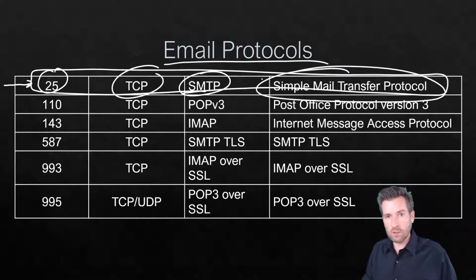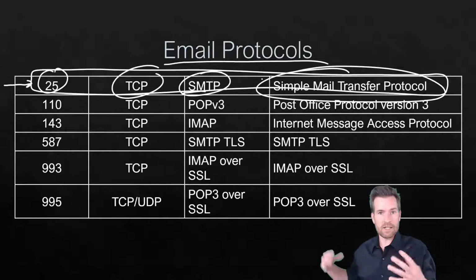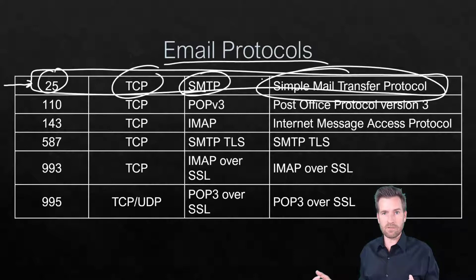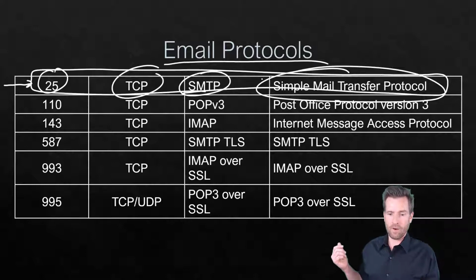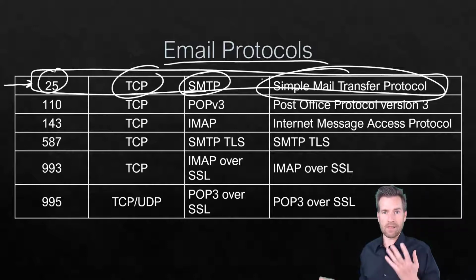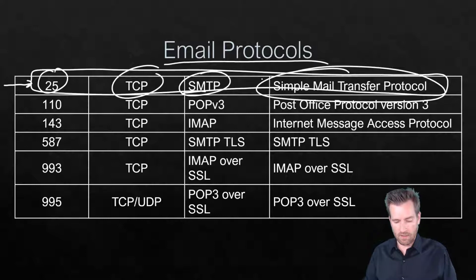Servers are encouraged to make a connection in a more secure manner. But if the choice is don't send this or send it insecurely, a lot of servers are set up to say, I'm still going to get this email to its final destination, even over this insecure connection. So that's port 25.